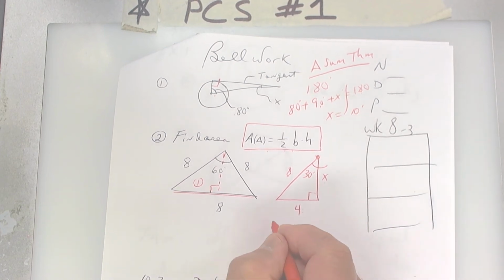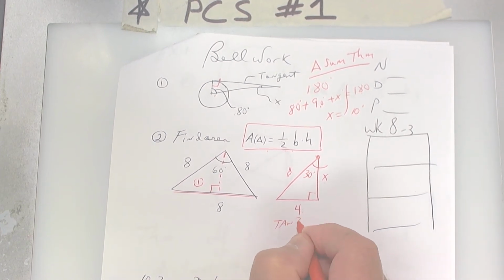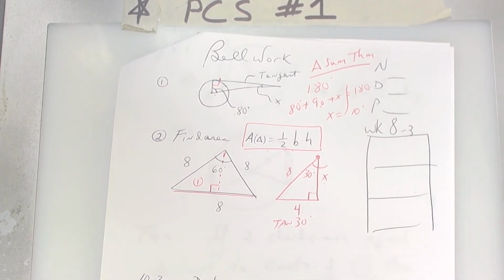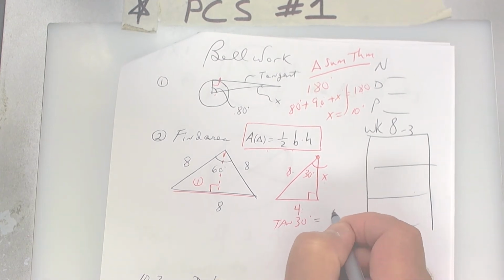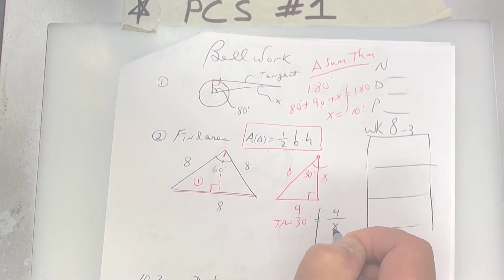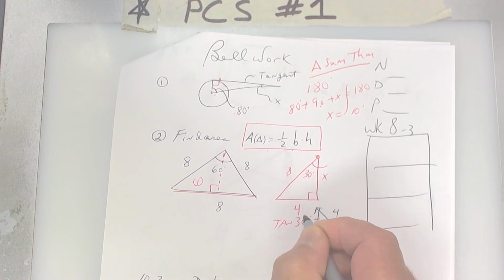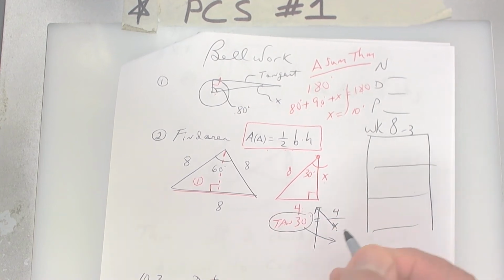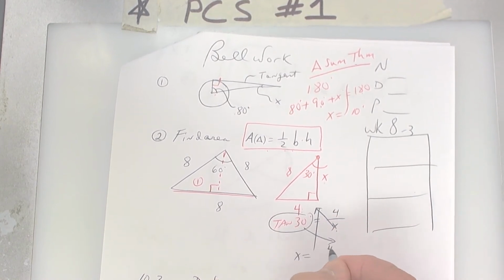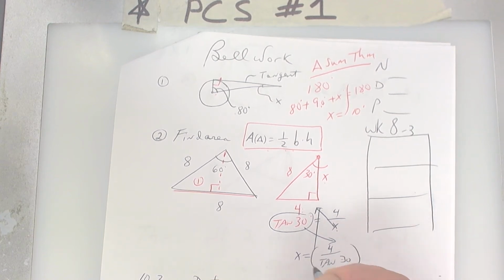So I'm going to say the tangent of 30 degrees is equal to the opposite over the adjacent. Now remember, you don't want the x in the bottom, so you want to take all of this and switch them. So x is equal to 4 divided by the tangent of 30 degrees. That represents your height right there. Okay?